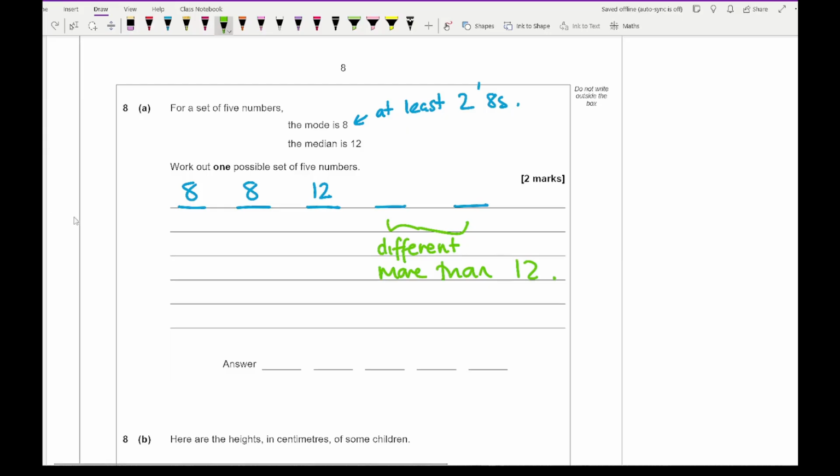So for this, we could have any number. You could even have 13 and 18. That would be absolutely fine, but just have any two numbers that are bigger than 12 but not the same. So I'm going to go for 8, 8, 12, 20, and 22.